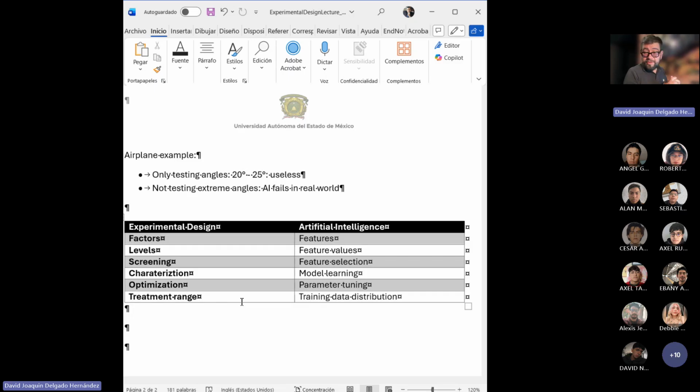They are very similar because they are looking for a model, a mathematical model that can predict the behavior of some system.